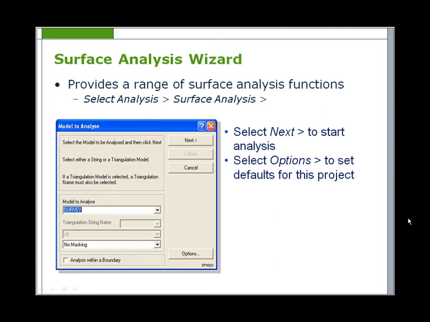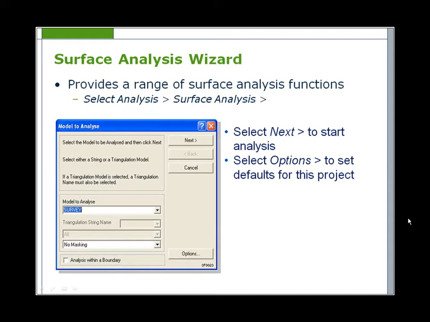This will bring up the Model to Analyze panel. On this panel, MX will ask you for the model to be analyzed. You can select either a string model or a previously created triangulation model.